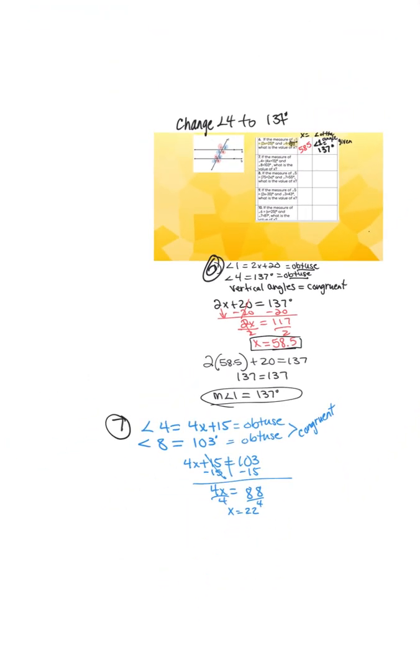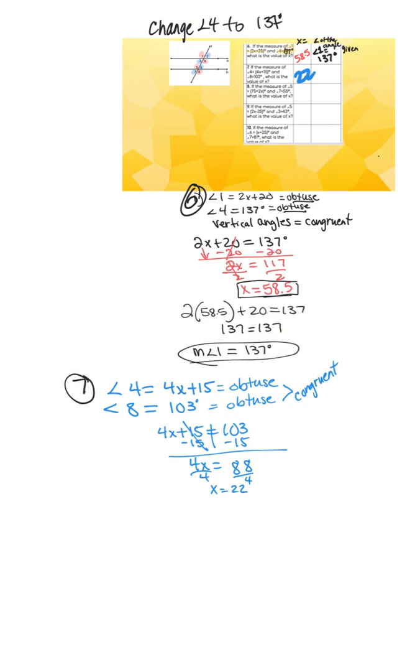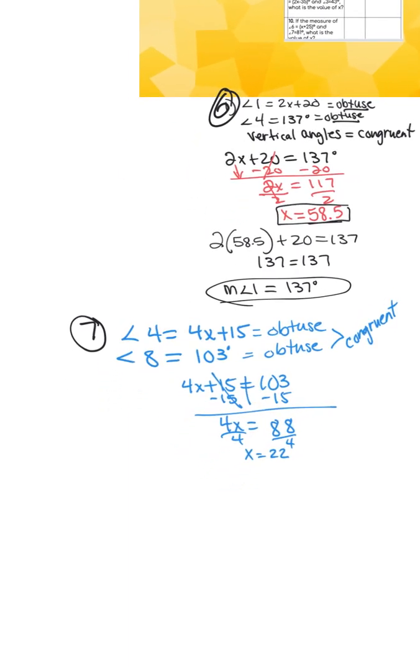I can go up here and put 22, but then I'm going to plug it in and make sure. So I can already say angle 4 is 103 because right here they are congruent, and it already told me its value. So angle 4 is 103, but if you want to learn how to plug it in, let's plug it in.